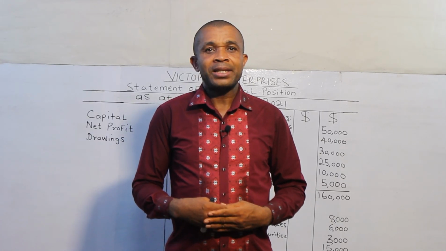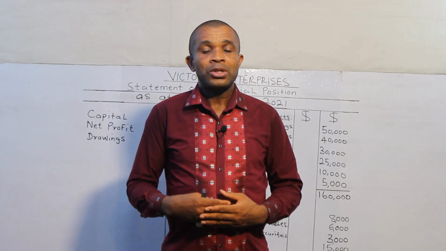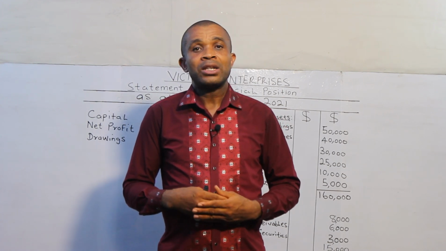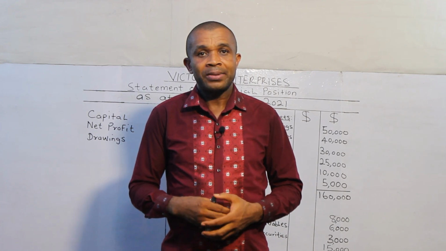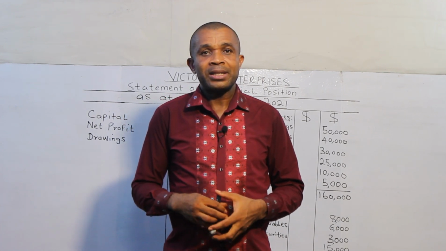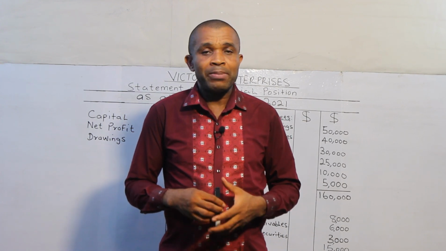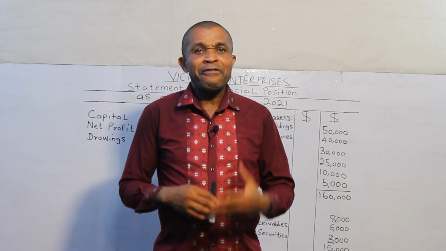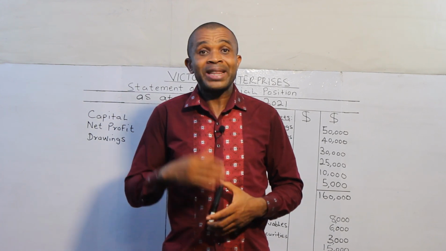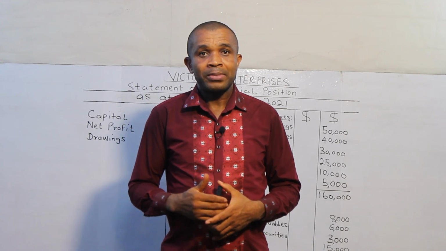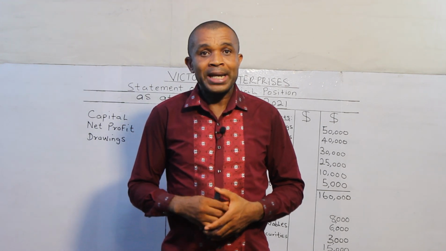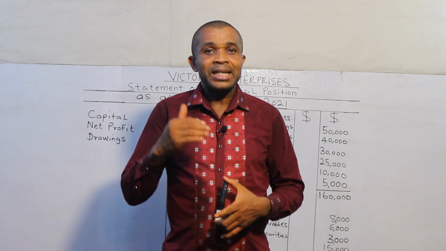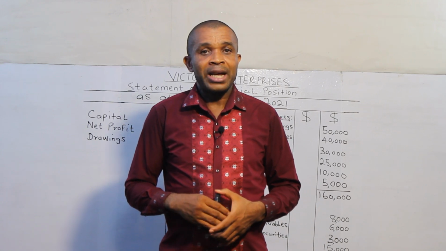Under the non-current liabilities, we are going to be seeing things like long-term loans and debentures, another form of finance whose repayment takes a long period of time, in most cases more than 1 year. Let us see the items that make up non-current liabilities for Victory Enterprises.